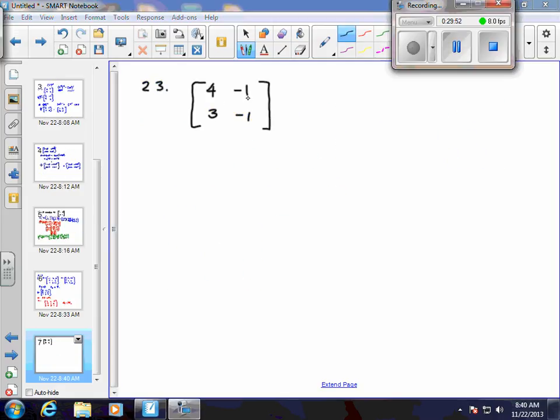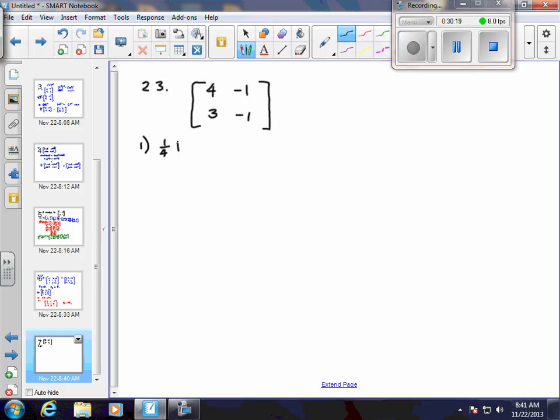I want to convert matrix A into the identity matrix. For each step I record what I do and do the same thing to the identity matrix. So in other words, step 1, I'm going to multiply my top row by 1/4 or divide it by 4.